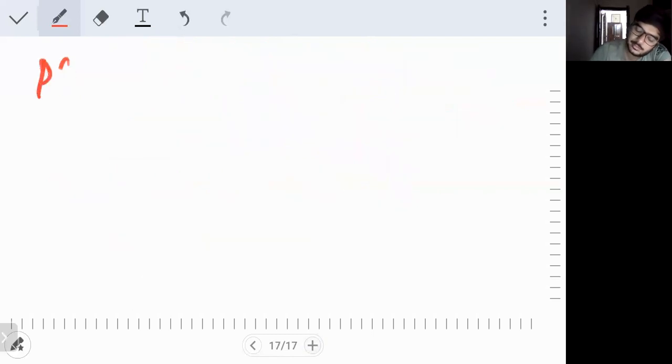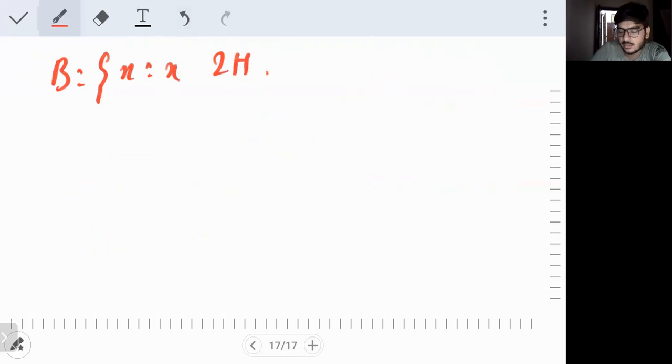Event B could be, like, if the event B is set that we get the 2 of heart, 3 of diamond, 8 of spade, and king of club.